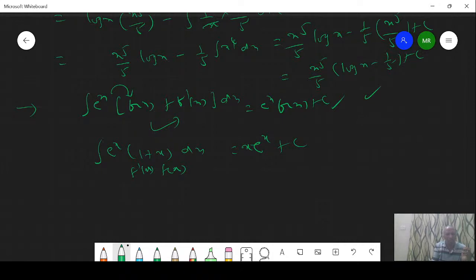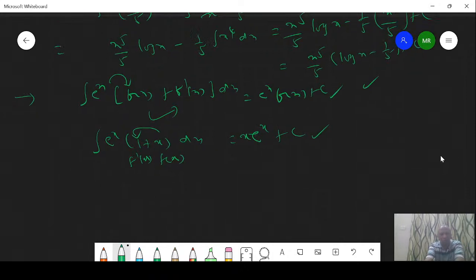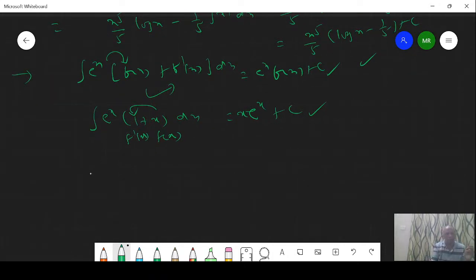Similarly, they may ask integral e power x into sin x plus cos x. Here f of x is sin x and its derivative is cos x, so the answer is e power x into sin x plus c.